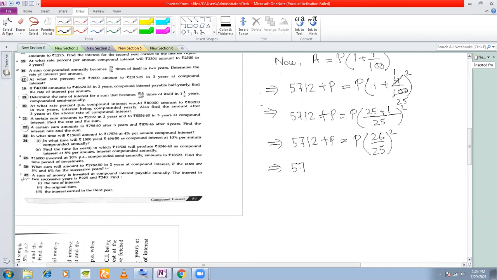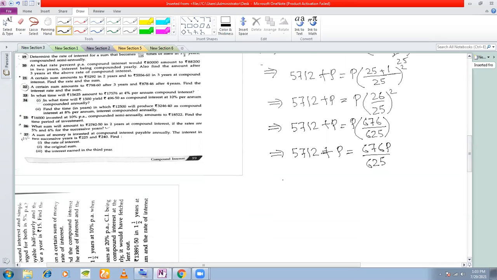So 5712 plus P is equal to P. Now 26 square is 676. 25 square is 625. So you get here 5712 plus P is equal to 676P by 625.